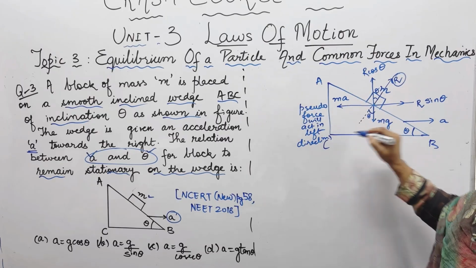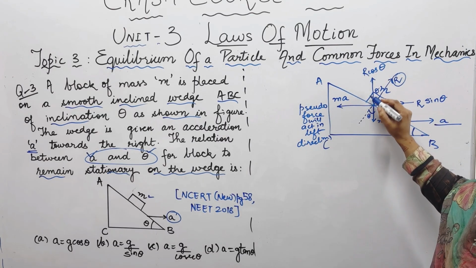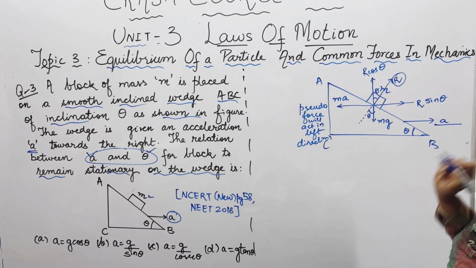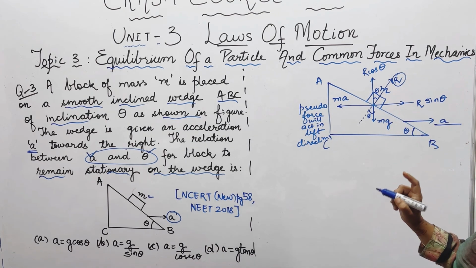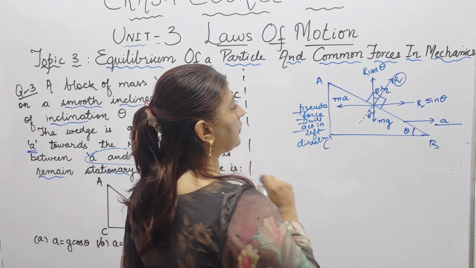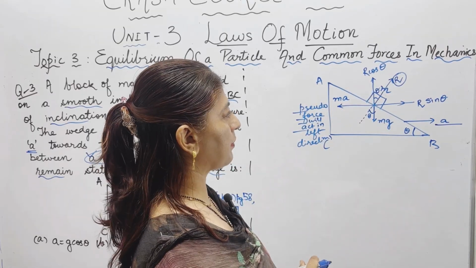Since this wedge is given acceleration in the right hand direction, the mass will also experience the acceleration in the right hand direction, and because of that a pseudo force, the inertial force, will act in the left direction, that is ma.